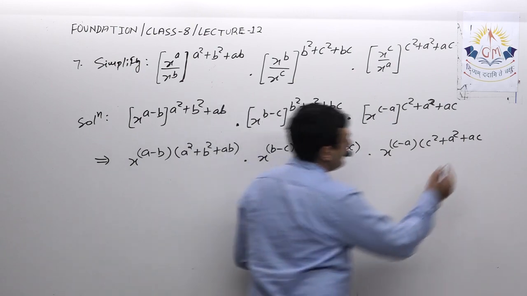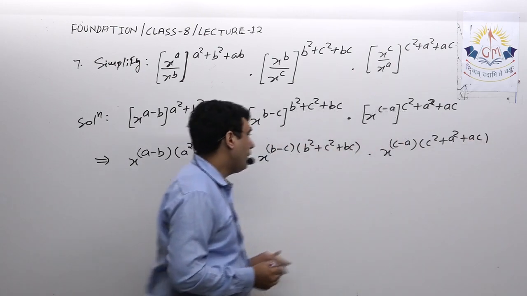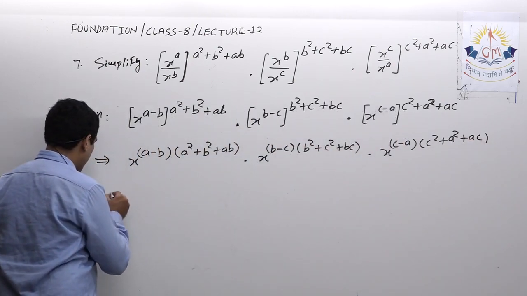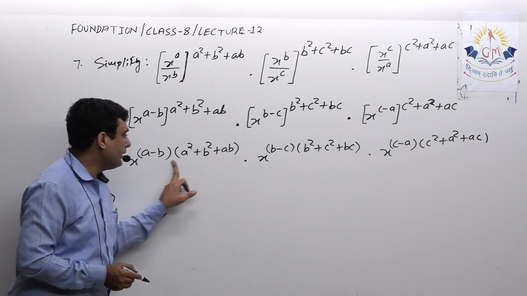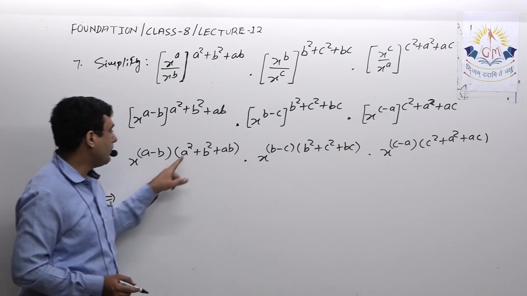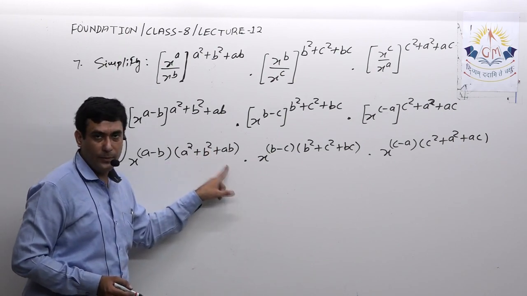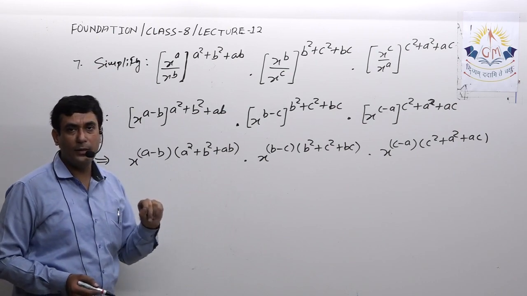Okay, simply I applied the power law. Now next, now here I have to multiply these two. See, however, this is an identity, a minus b, a square plus b square plus ab. This is the identity of a cube minus b cube.